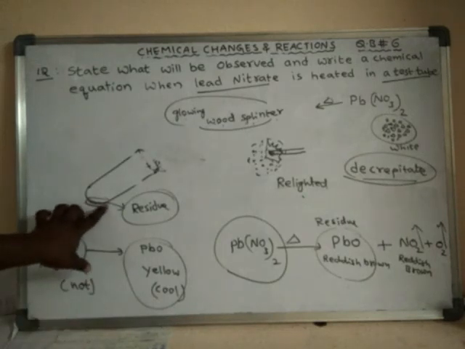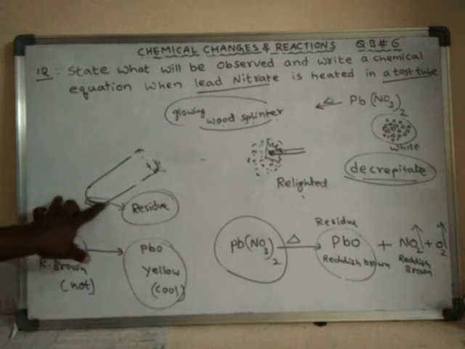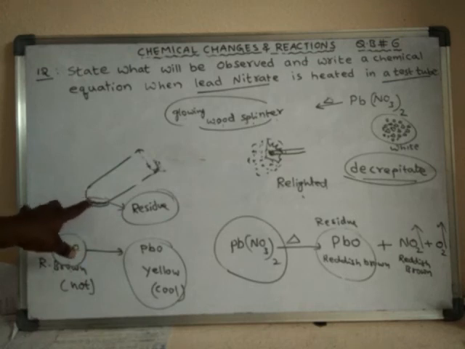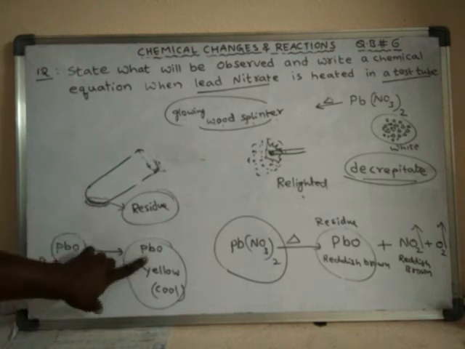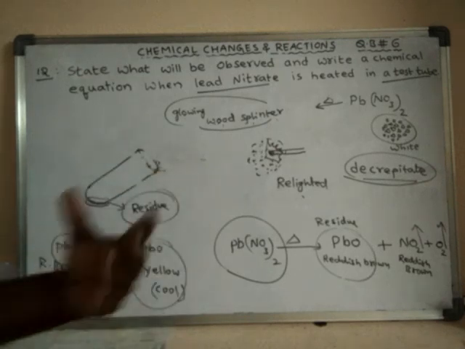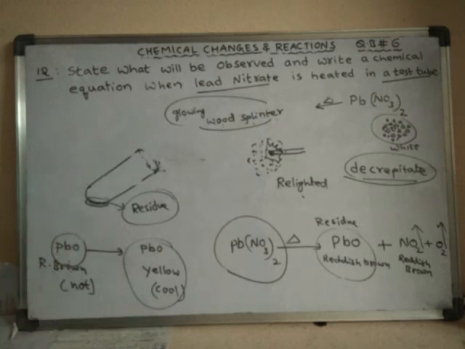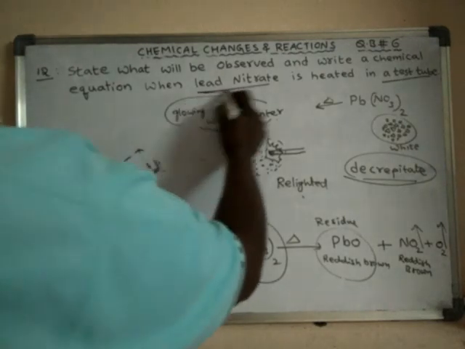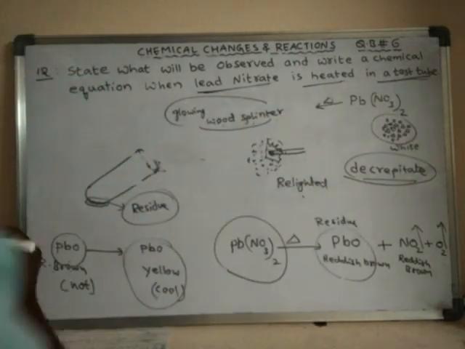The portion of the glass fused with lead monoxide will stain yellow, and all other portions will appear as transparent, colorless glass. These are the observations we will notice when lead nitrate is heated in a test tube.